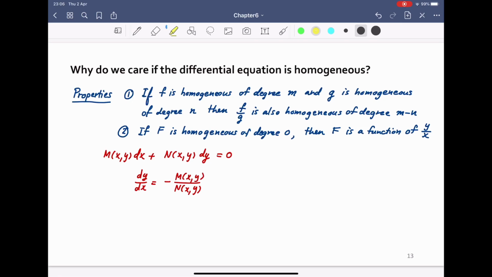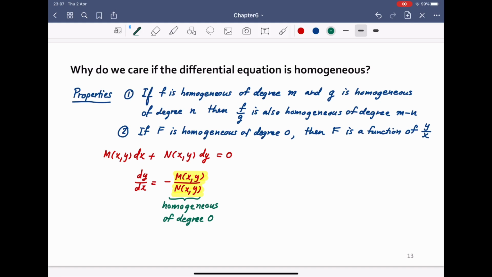We know that M is homogeneous because this is a homogeneous differential equation, and N is also homogeneous with the same degree. So if I take the ratio M over N, by property number 1, this must be homogeneous of degree 0.